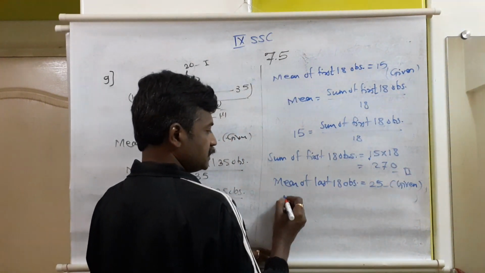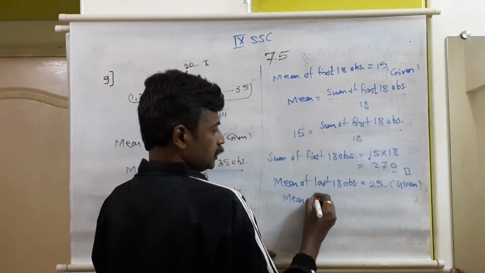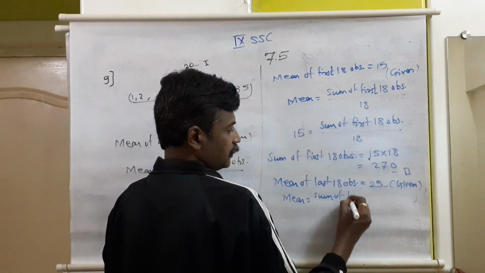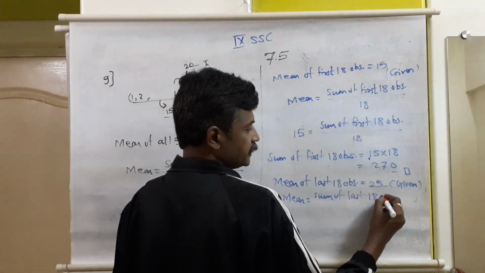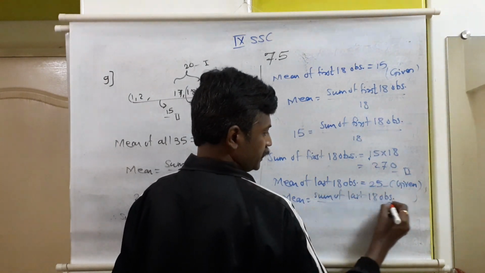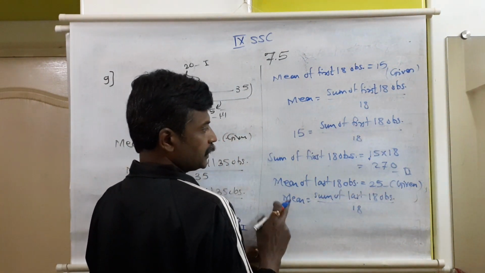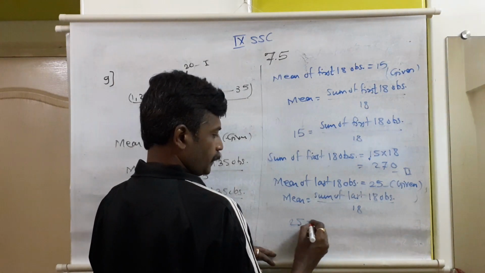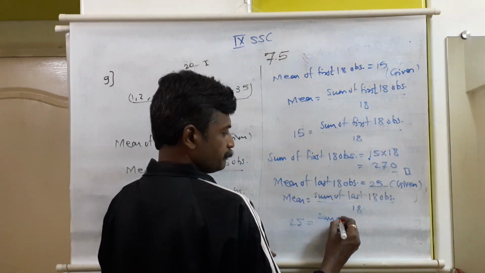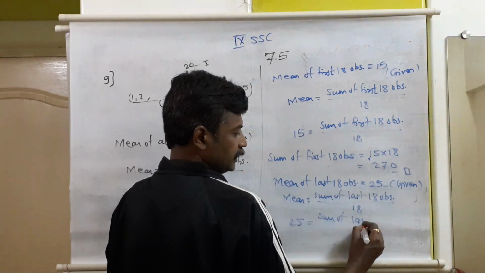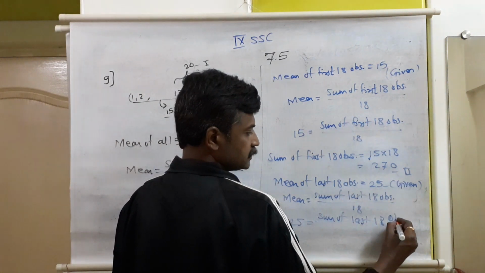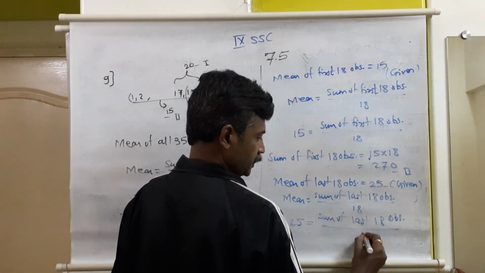With the help of that, mean is equal to sum of last 18 observations divided by number of observations, 18. Mean is given 25. 25 is equal to sum of last 18 observations divided by 18.